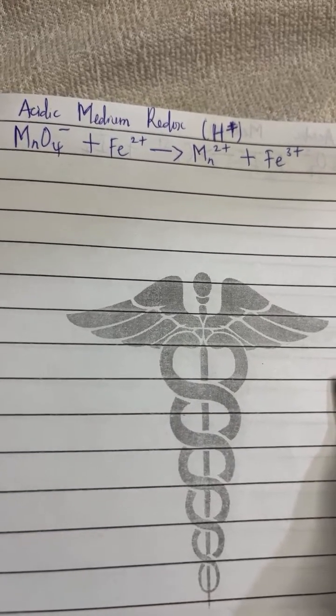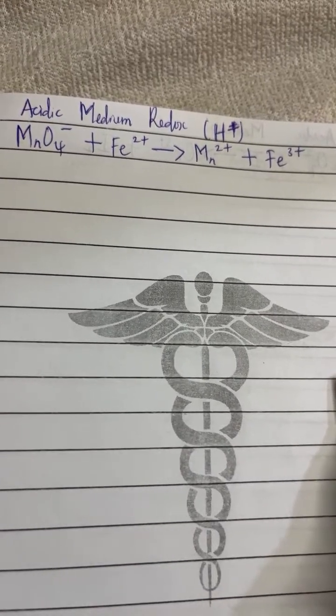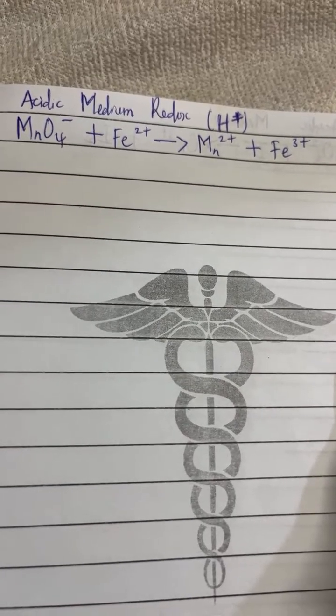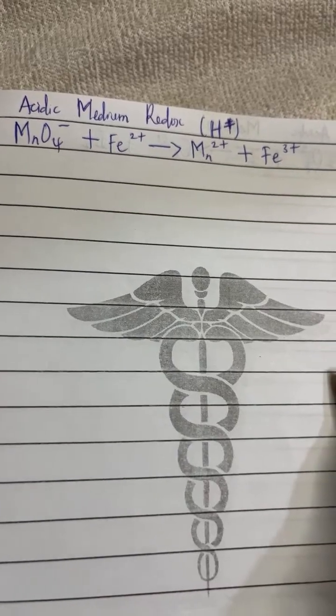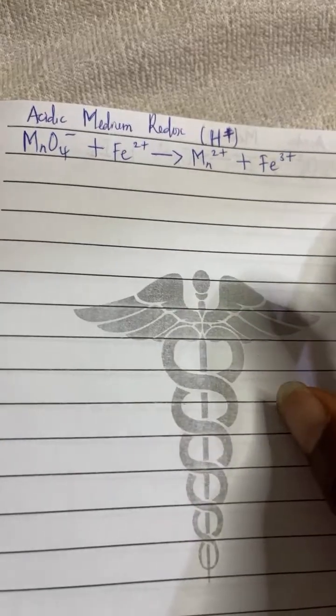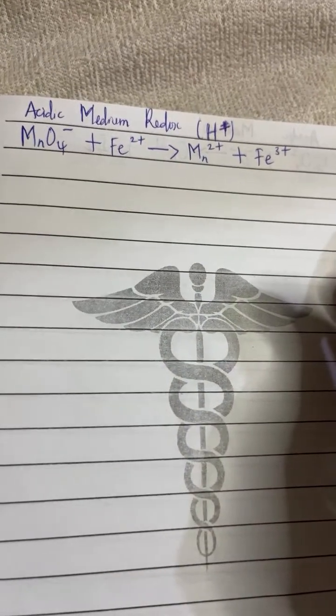If we add hydrogen ion to acidic medium, what should we add to the basic medium? In the question, they will tell you to balance this redox reaction in an acidic medium.